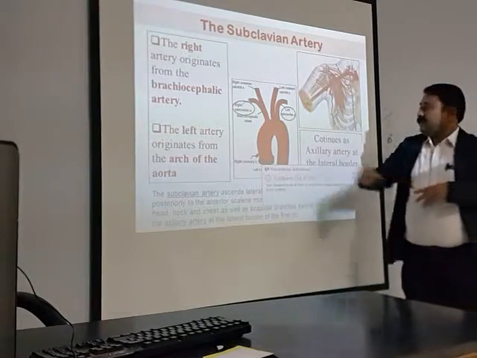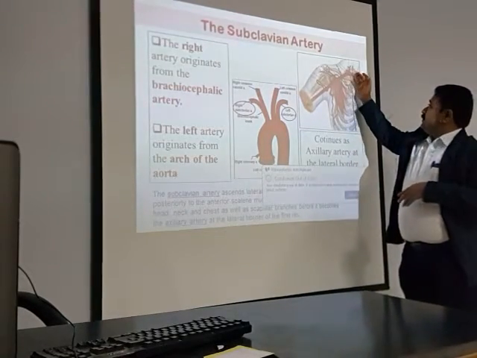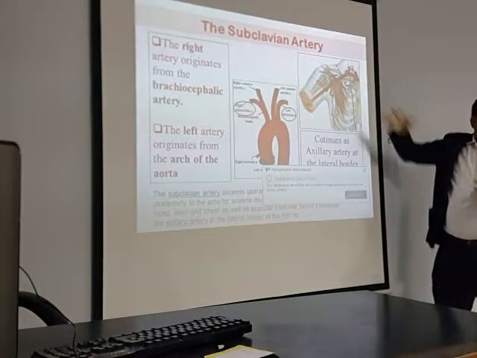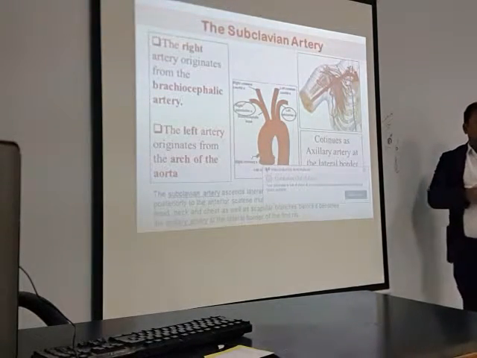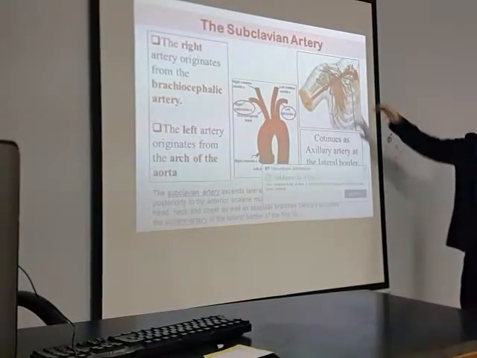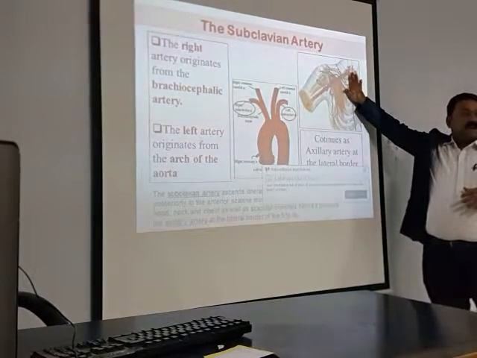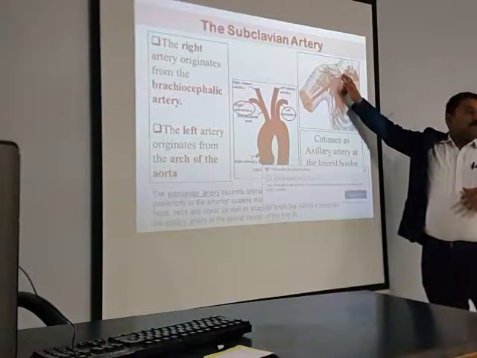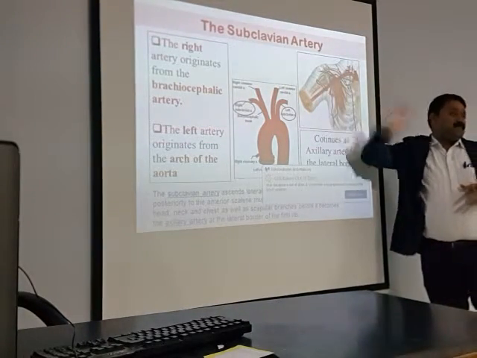Before this, the subclavian artery gives branches to the scapular region and the thoracic region. Our consideration is from the axillary artery, the upper limb artery.